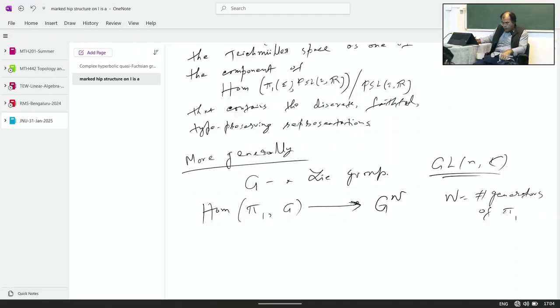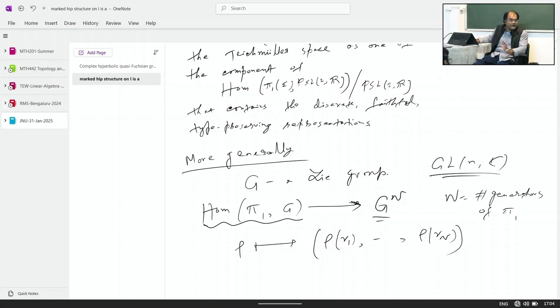So what you do, you take rho and map it to (rho(gamma 1), ..., rho(gamma n)). This way, this space can be considered as a subspace of G to the power n. Now G is a Lie group, so it has a nice smooth structure. From there you get the topology, but smoothness needs to be verified, right? A subspace of a smooth manifold may not always be smooth. So it may not be smooth, but it has a nice topological structure.